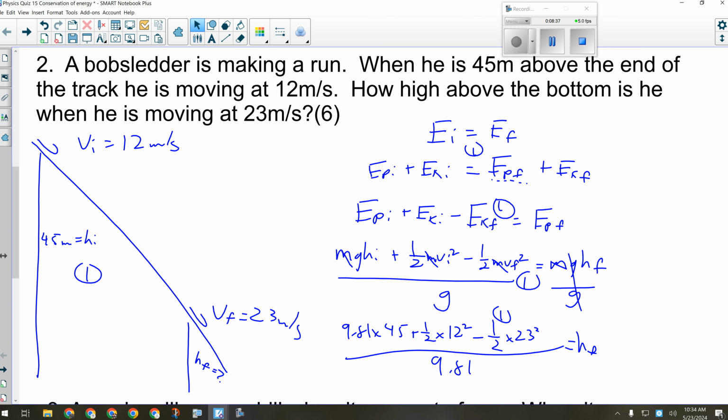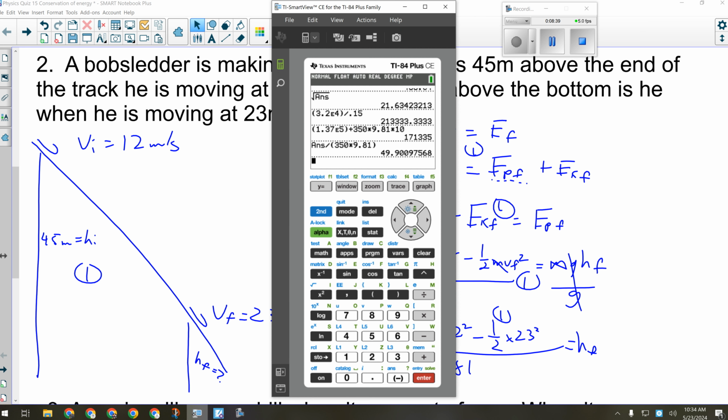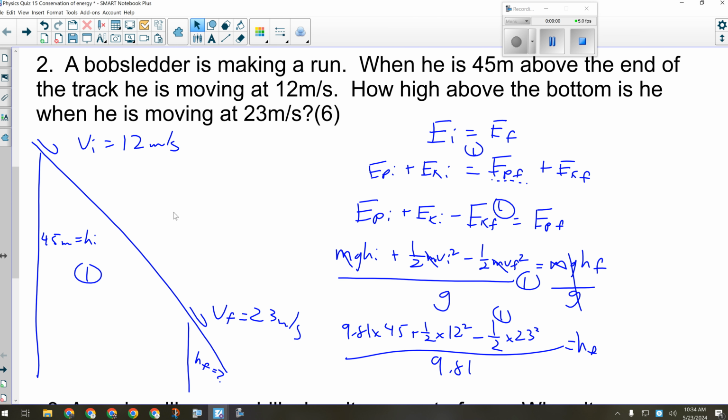That would be your 5th mark, and then your 6th mark would be for your answer. So 9.81 times 45 plus 0.5 times 12 squared minus 0.5 times 23 squared, divided by 9.81. They will be 25.4 meters above the bottom. And that would be your 6th and final mark on that question.